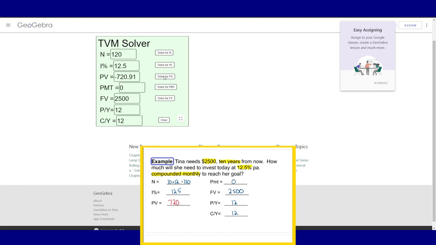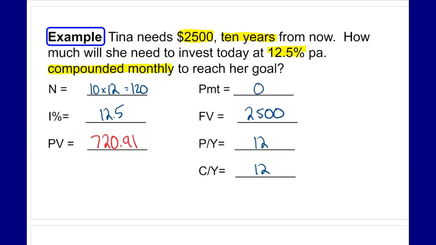We get $720.91. So that's how much Tina needs to invest now at this specific rate, compounded monthly, so that in 10 years, she will have $2,500.